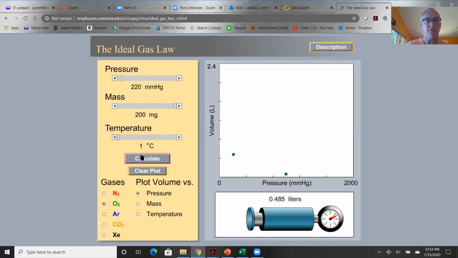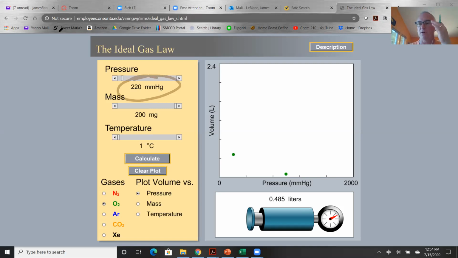So what you have to do is make a note. From now on, all the changes in temperature are based on these two things. This is going to be my constant pressure, and this is going to be my constant mass. I'm not going to change those. Why can't I change those?